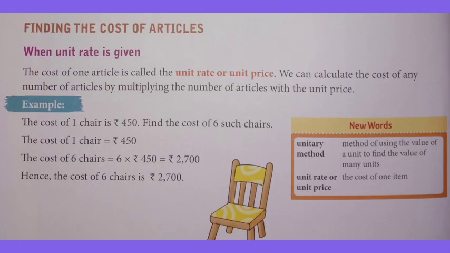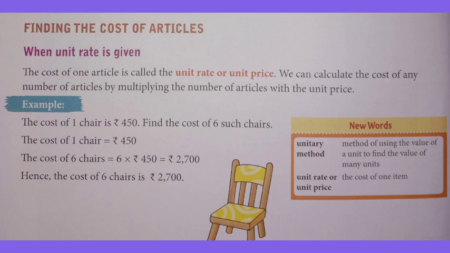Finding the cost of articles. When unit rate is given, the cost of one article is called the unit rate or unit price. We can calculate the cost of any number of articles by multiplying the number of articles with the unit price. Look at the example here.